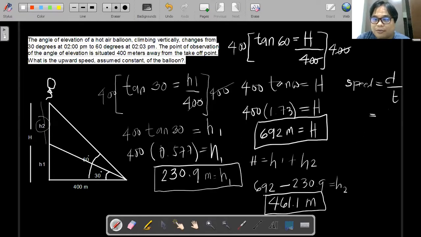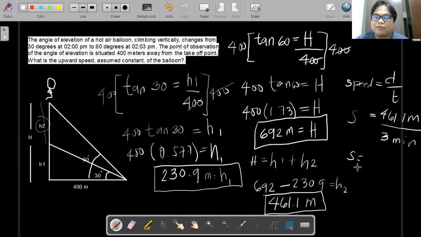So this is now 461.1 meters per, it says here, 3 minutes. All right, so that's the speed.